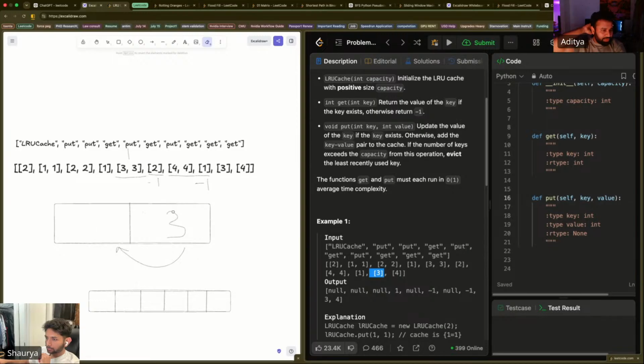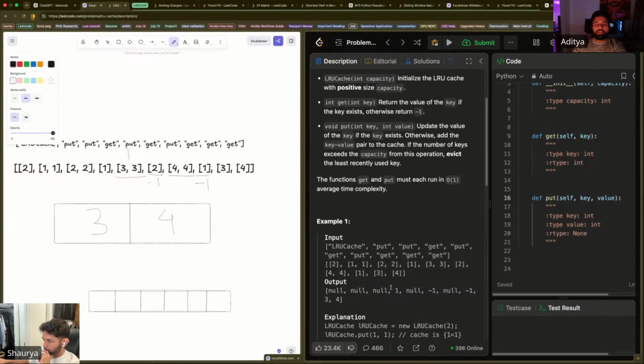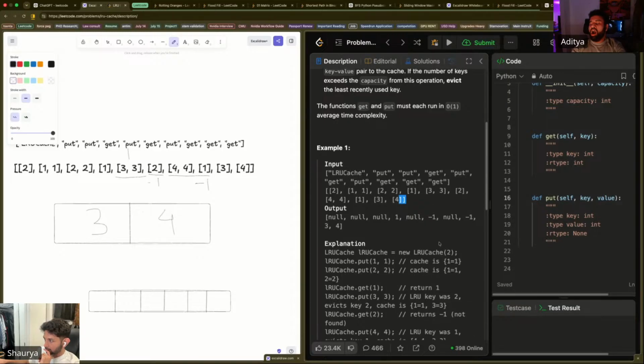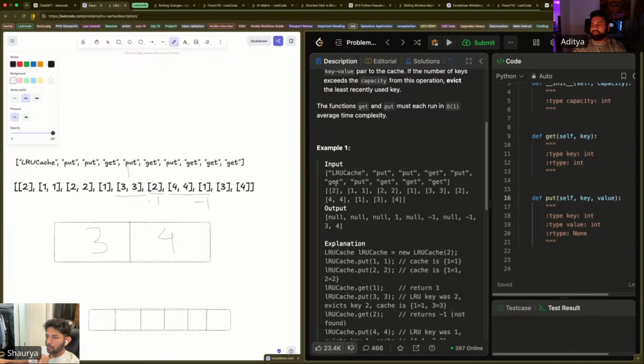This is the operation that we have to do every time: whenever we access any element, we have to pop it and push it back. And then it says get 4, and so it will just get 4. Now I get it. So that's the whole algorithm.